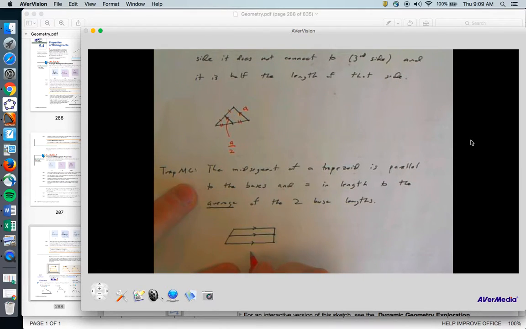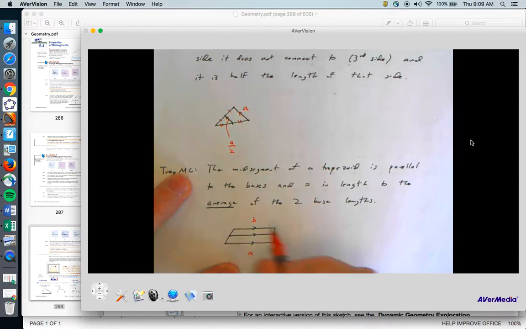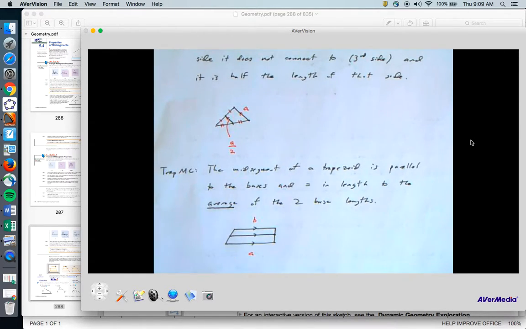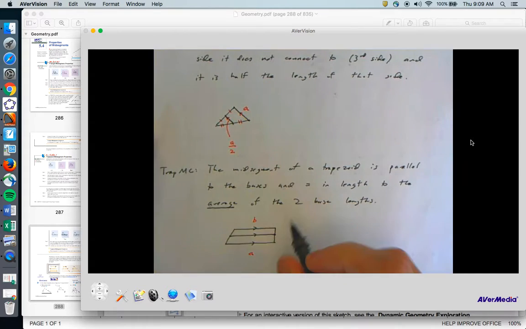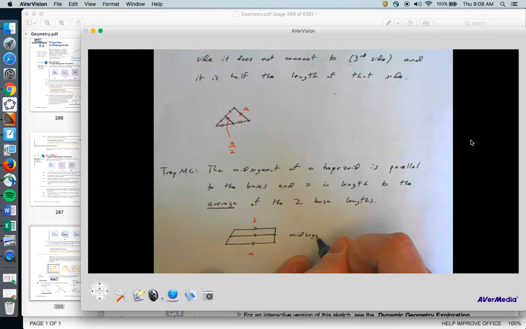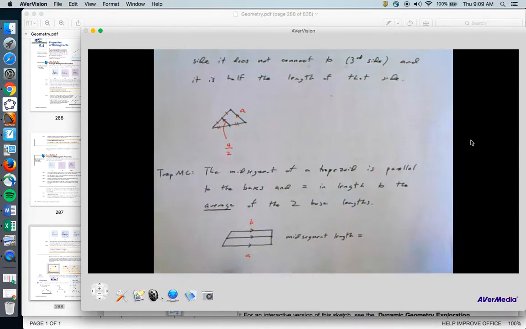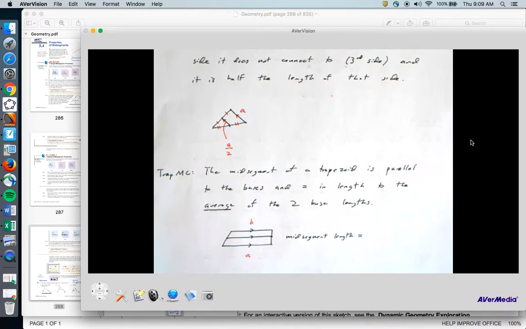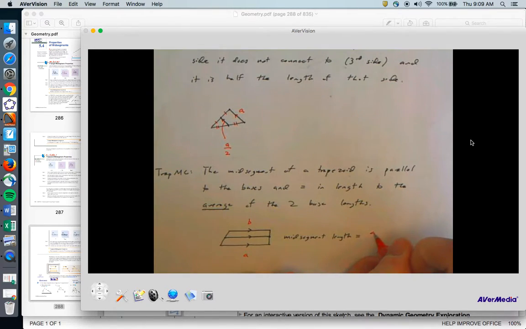If this base length is A and this base length is B, then the midsegment length is going to equal A plus B over 2.